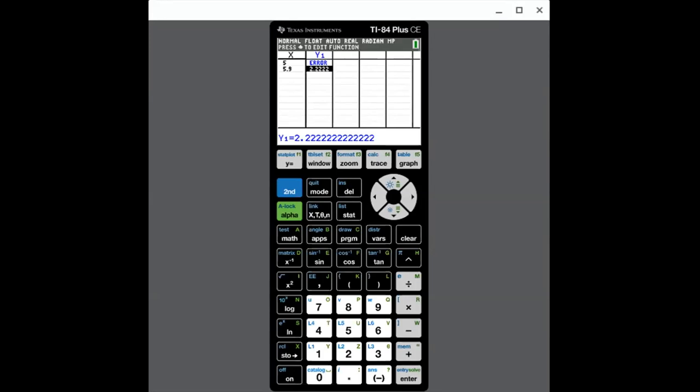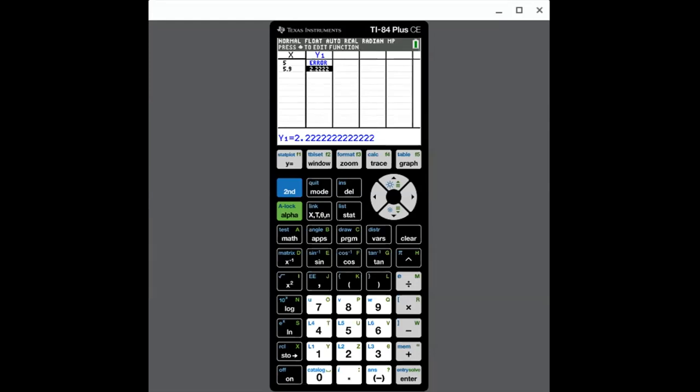So 2 over 5 minus 5.9 means that I get 2 over a negative 0.9. 5 minus 5.9 is a negative 0.9.